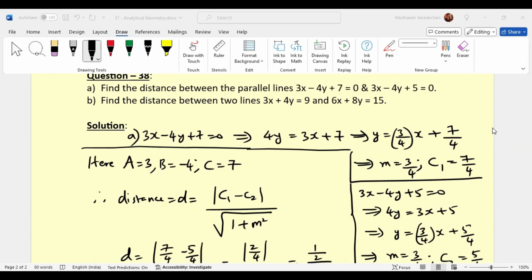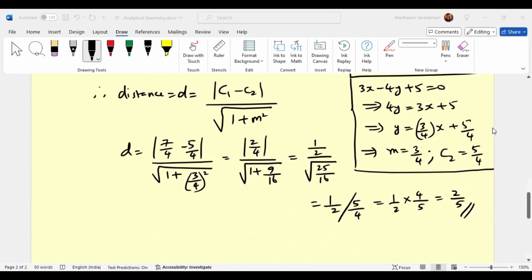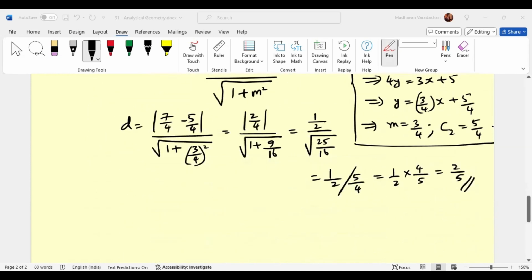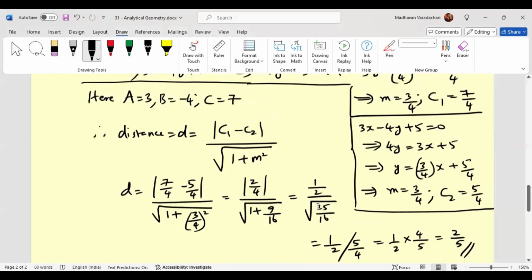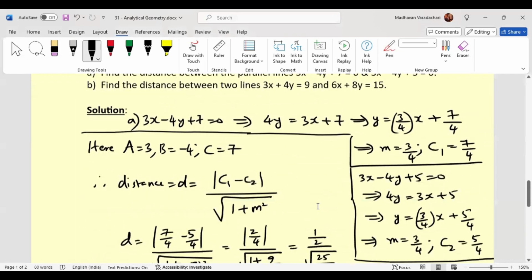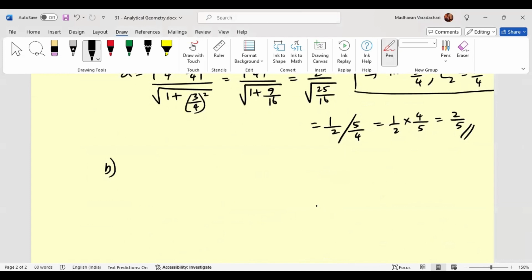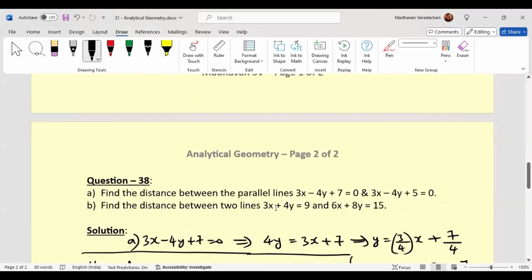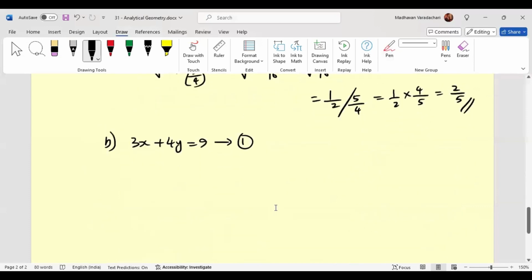So we need to identify the slope as well as the y-intercepts. So second part, the question is 3x plus 4y equal to 9, and then 6x plus 8y equal to 15.